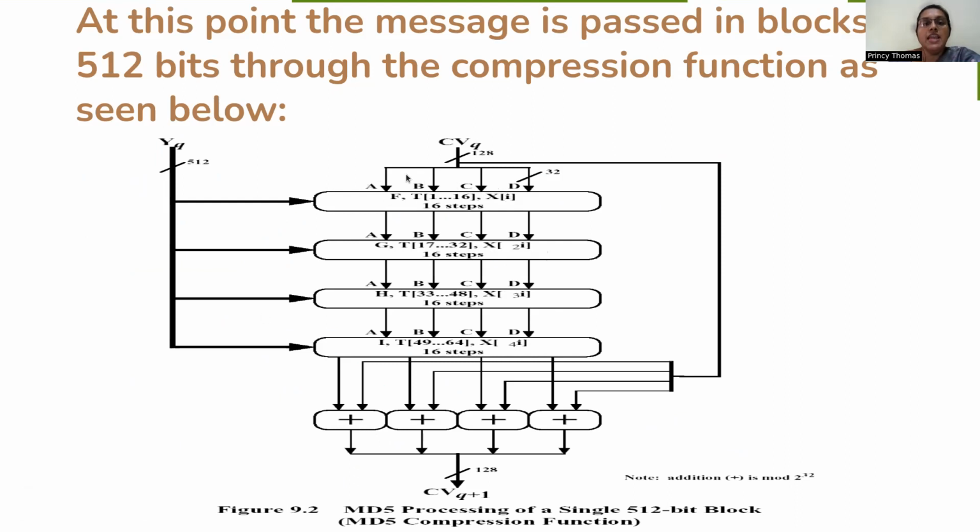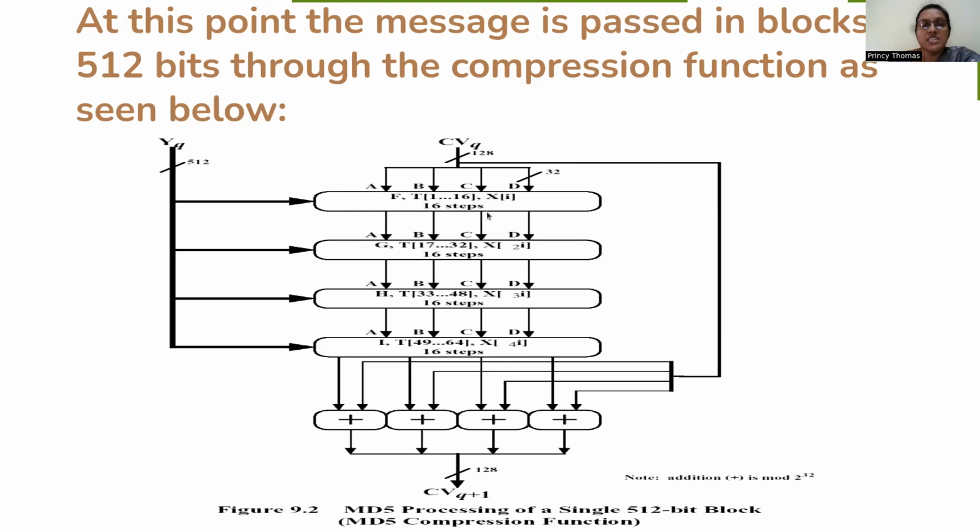We know already that A, B, C, D, the chaining variables, are 32 bits, and those 32 bits are got from the 128-bit initial variable. Once the first 512 bits of the message are calculated, the previous message digest can be used as the next initial variables.